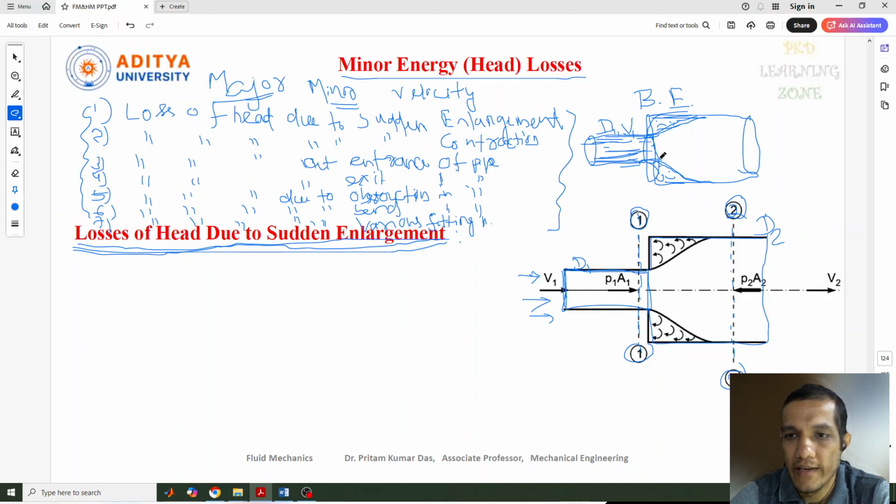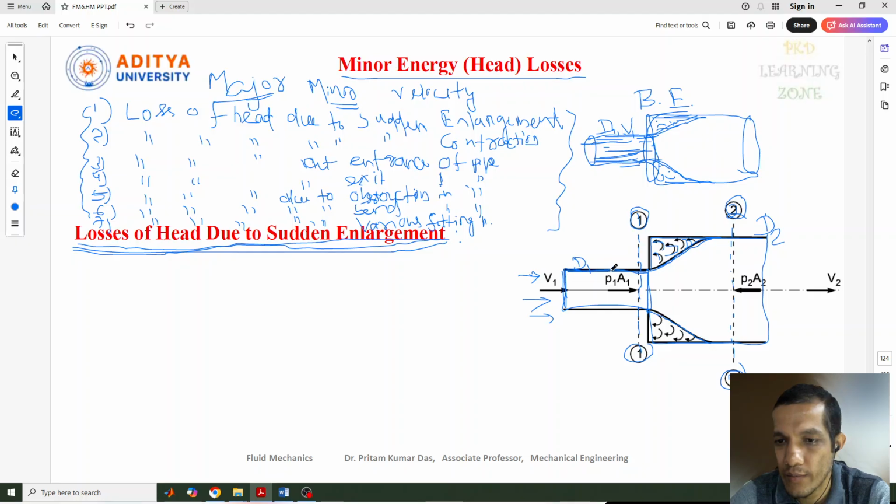And that's why some eddy formations will be there in this corner part, because due to the sudden enlargement this area is not covered under the fluid flow path. When the fluid is flowing, a few of the fluids come out from their own path.